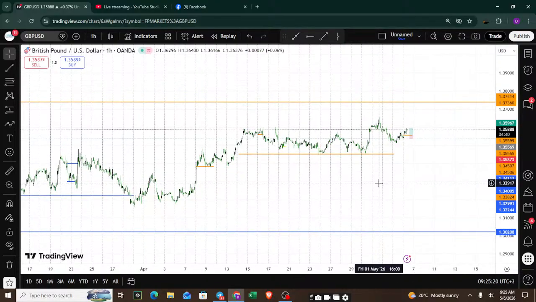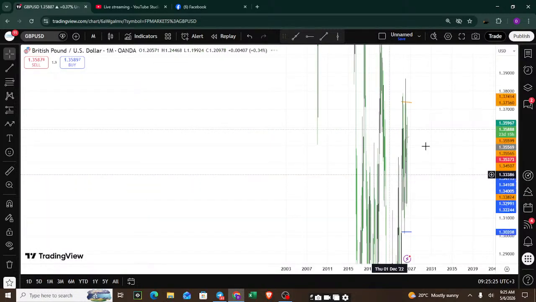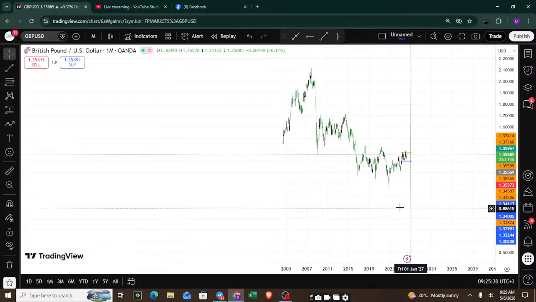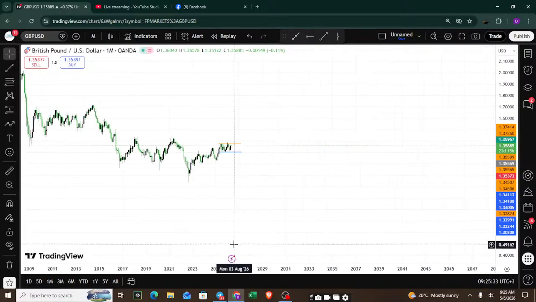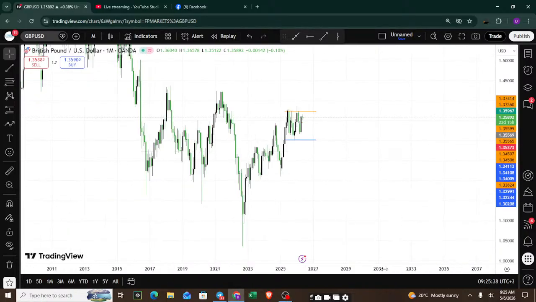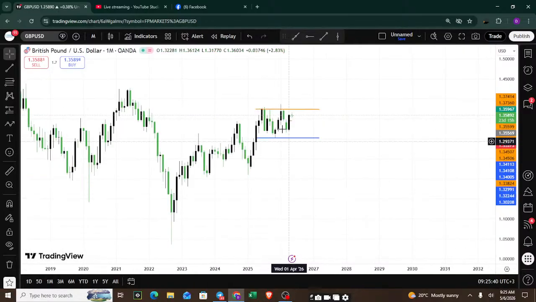Now for GBP USD, my anticipation is that this pair is either going to break above, okay, or going to break below. So either of the two directions is okay.